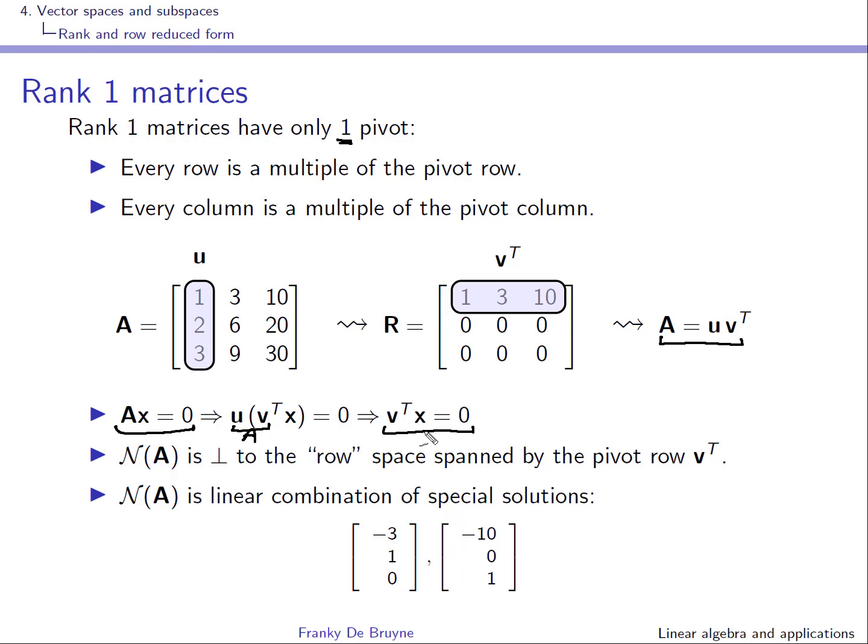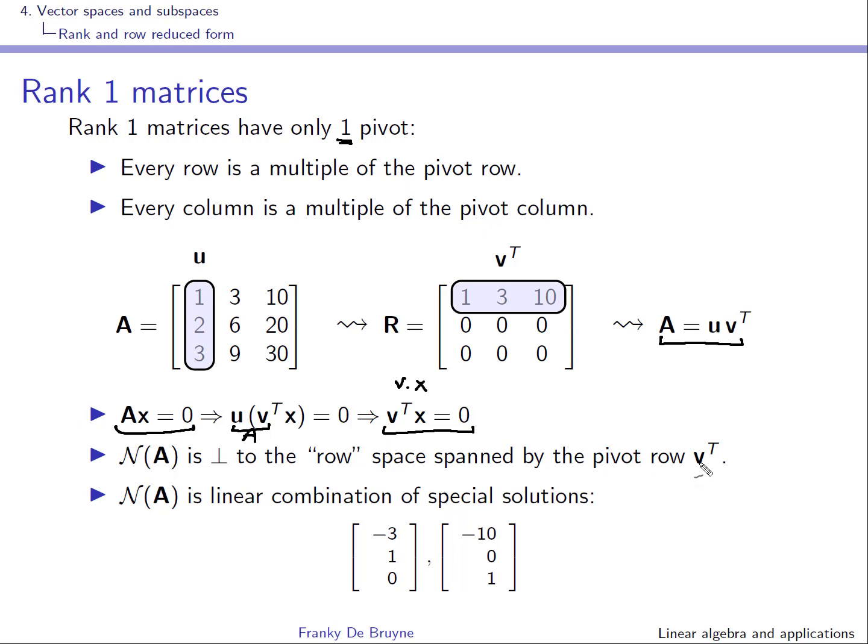Okay, this means that X is perpendicular. This can be viewed as a scalar product, that X is perpendicular to the pivot row. Okay, so the null space, X is in the null space, is perpendicular to the row space. We'll talk about the row space later, spanned by this pivot row V transpose.